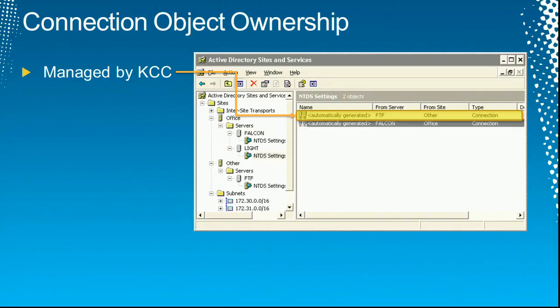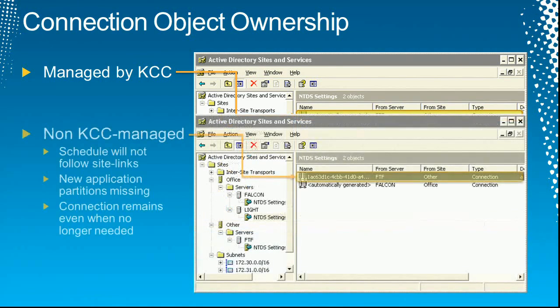You will see an automatically managed entry in the UI. And if you, for any reason, have changed a specific value on the connection object, you will see the GUID of the connection object. And that's the way you can very easily spot that the connection object is not managed by KCC.